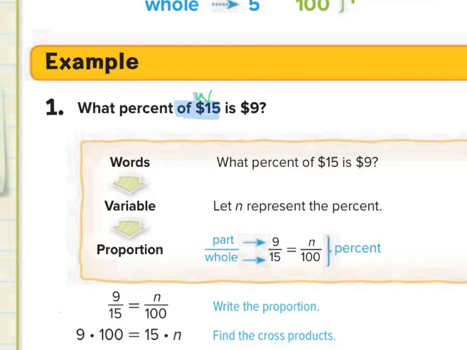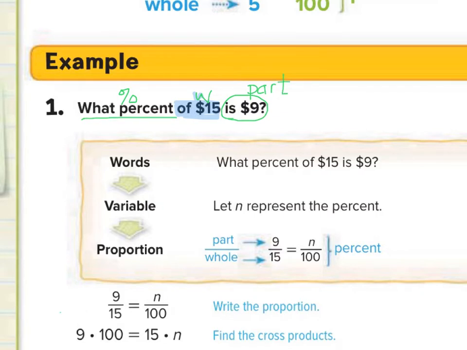All right, and then they are asking us what percent. So since that's what they're asking us, we know that we don't know what number to put for the percent, and that's where we're going to have to use a variable. And then another big clue for you is the part normally comes after the word is, and that's about 90% of the time.